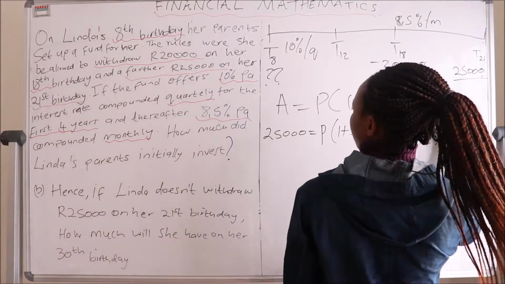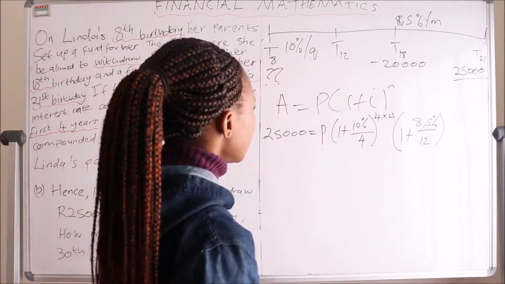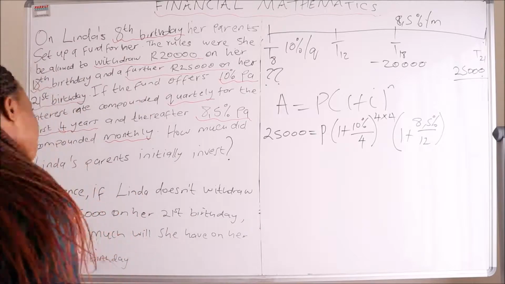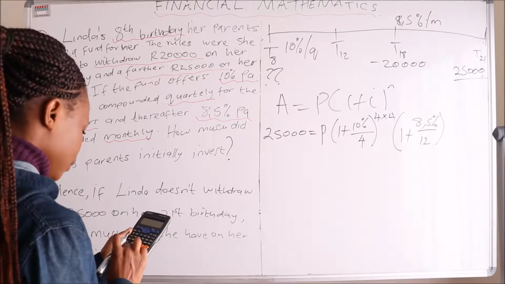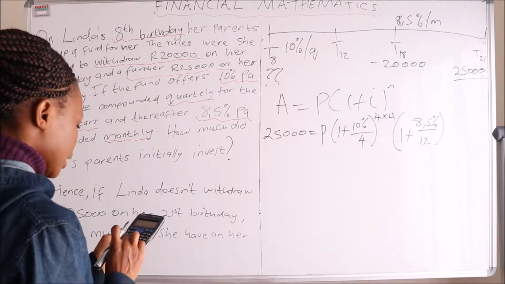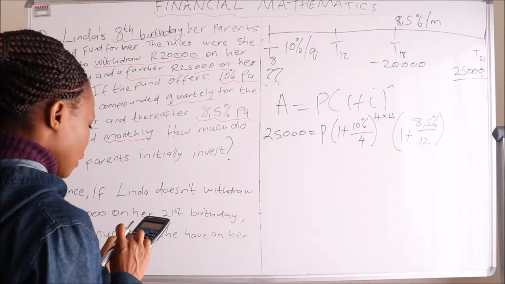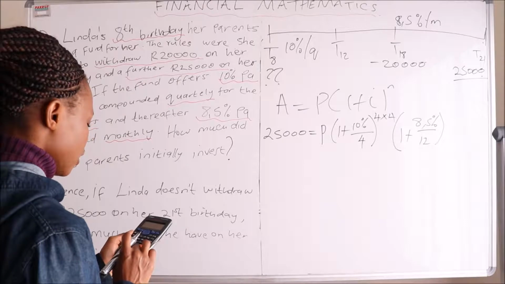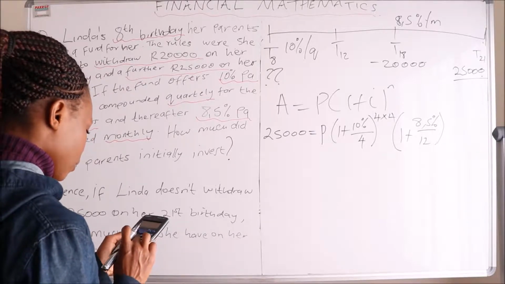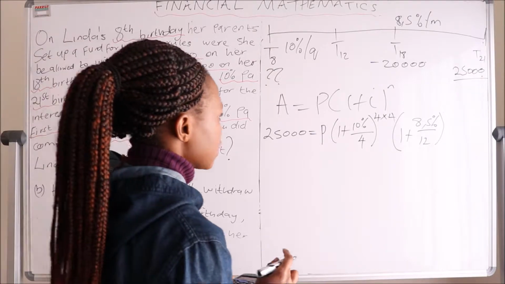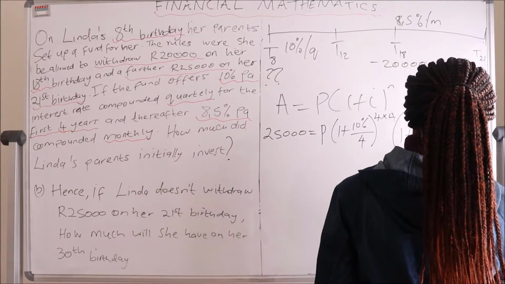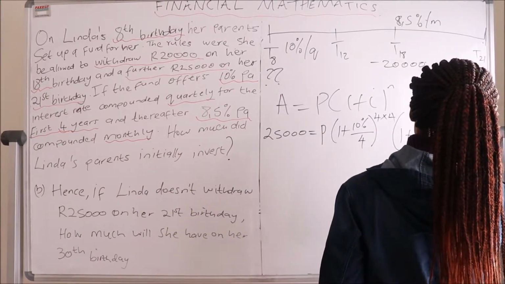And then here, it was there for how many years? Sorry guys, it was there for 21 years minus 8, so it was 13 years, and the first rate was only there for 4 years. So the 8.5% only happened for 9 years, so it will be 9 multiplied by 12.